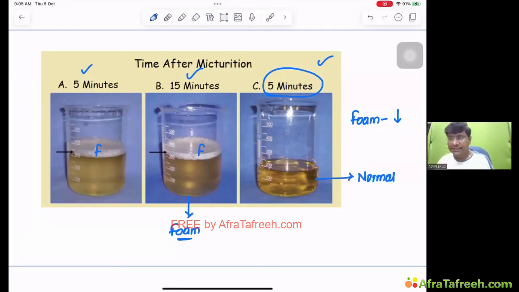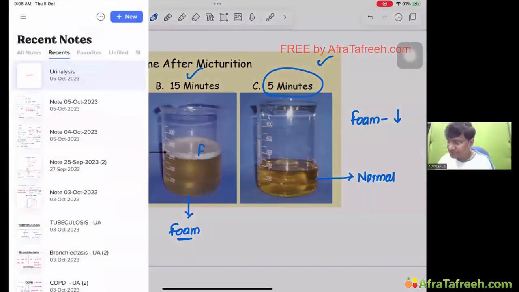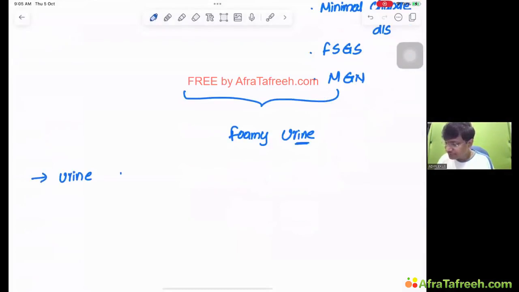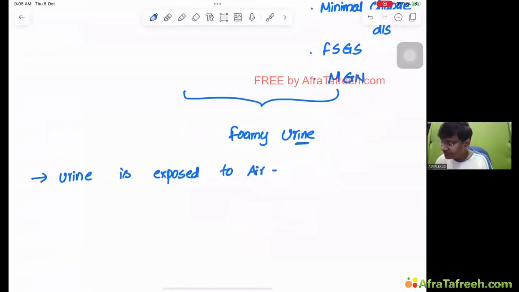Now, the other point you need to know, that is a question as well. When the urine is exposed to air, it turns yellow in color.